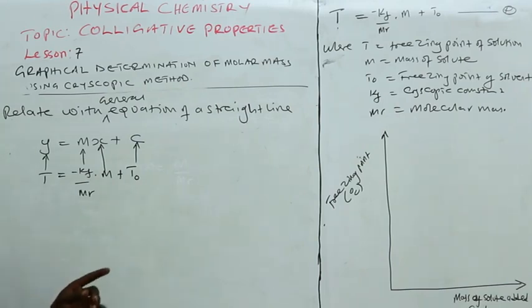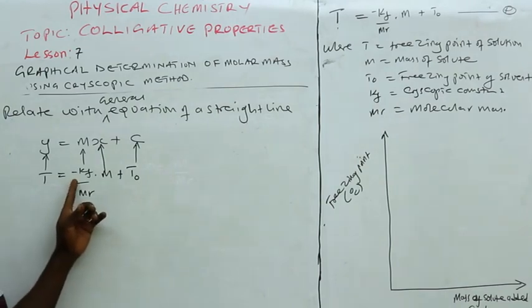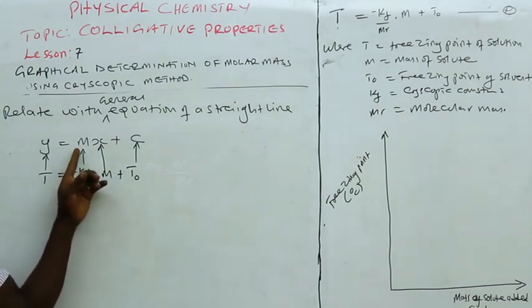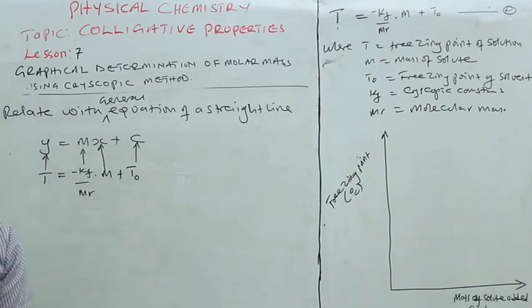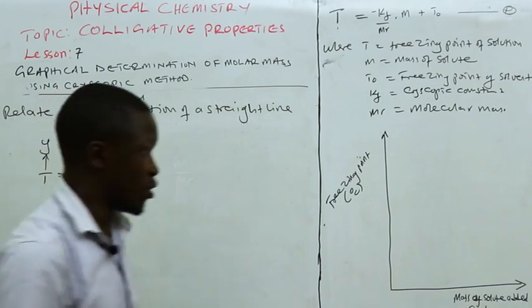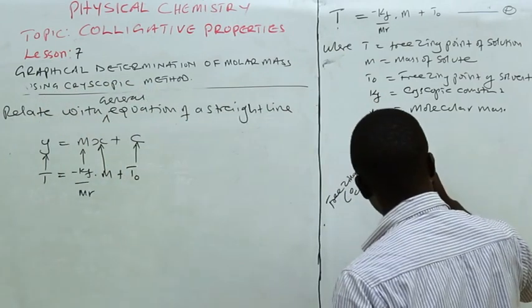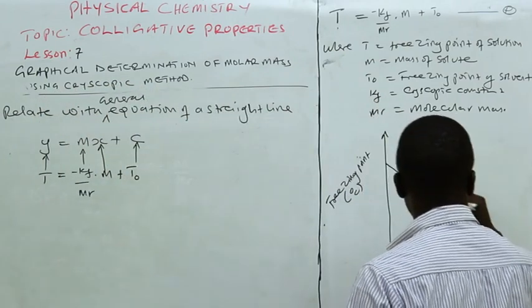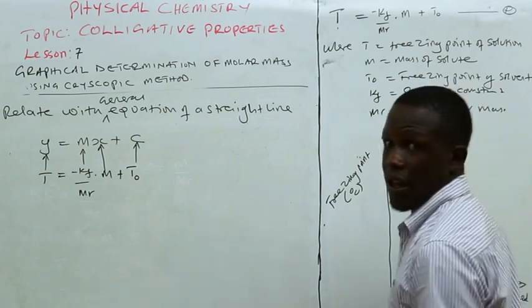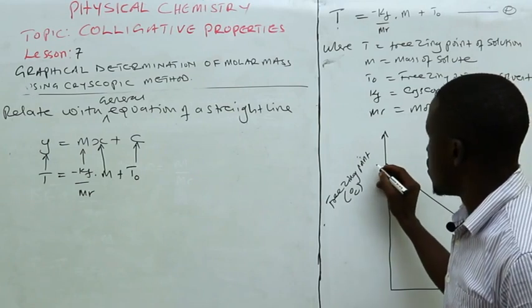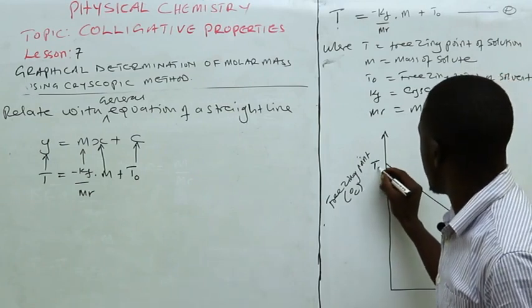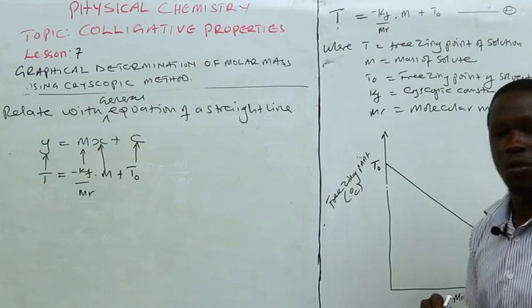However, what we note is that this one has a negative gradient and this one has a positive intercept. So our graph is a straight line with a negative slope, and there is an intercept. This intercept is the freezing point of the pure solvent.